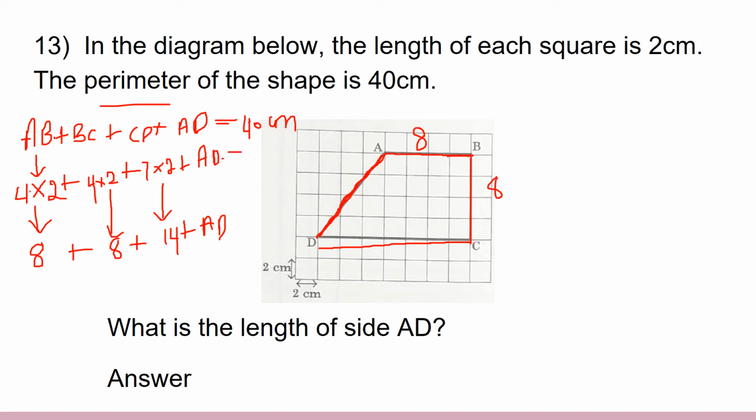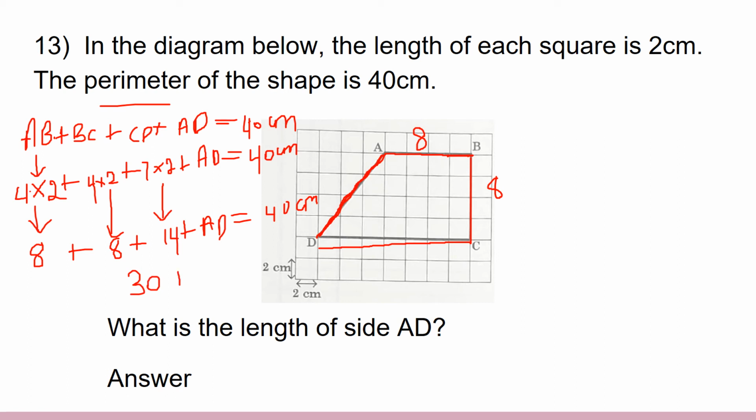And all of this is equal to 40 centimeters. So here we have a total of 8 plus 8 is 16, and 16 plus 14 is going to give us 30.